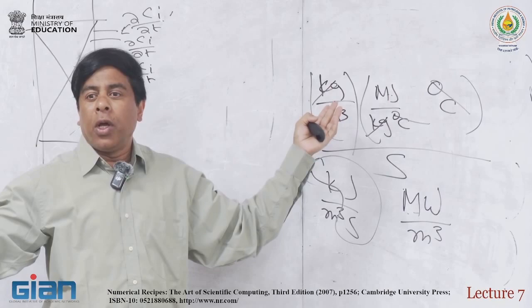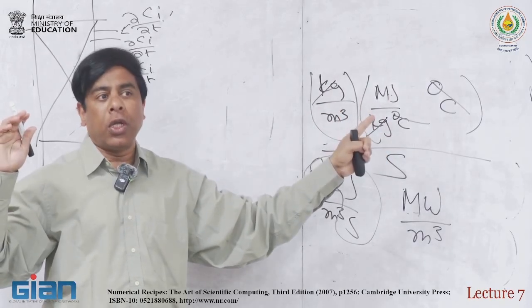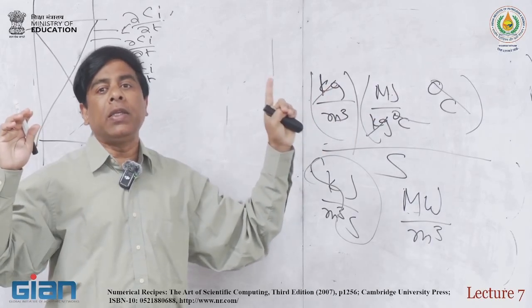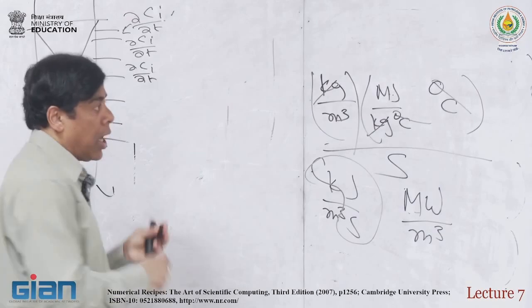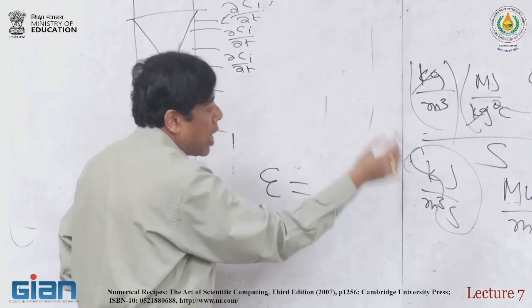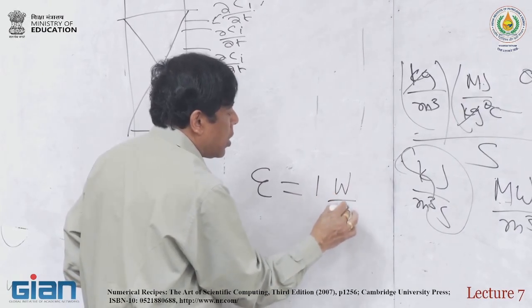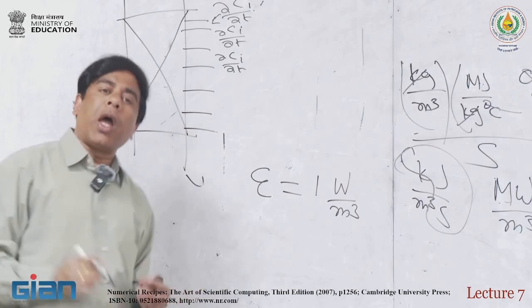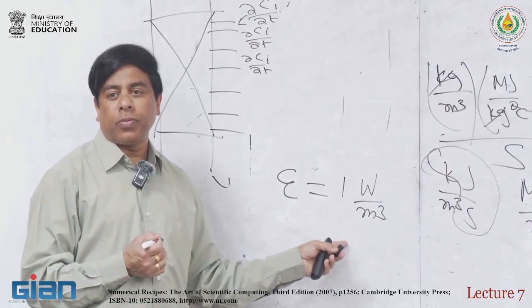Hypothetically, assume my actual error in the solution is the equivalent of 1 watt per meter cube, and I have a tolerance of 1e minus 3. This will not solve.